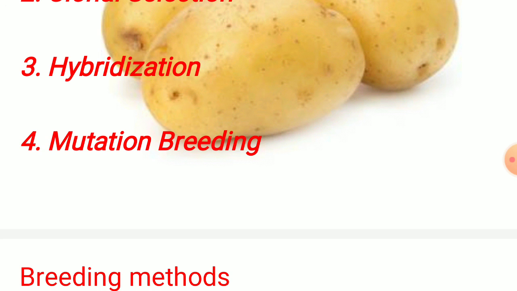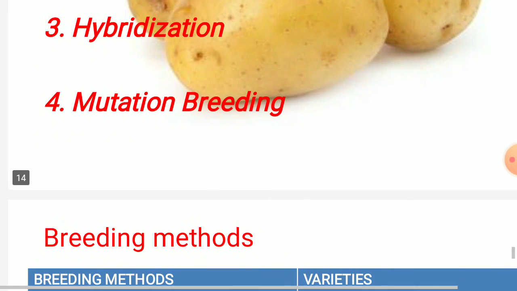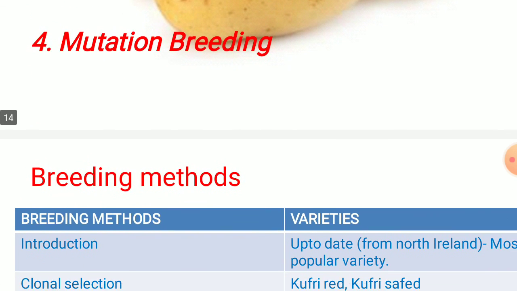So what is mutagenic agent? There are two types, physical mutagenic agent and chemical mutagenic agent. Physical, all radiation, for example gamma rays, X rays, beta rays, etc. Then chemical mutagenic agents, EMS, ethyl methane sulfonate, MMS, methyl methane sulfonate, colchicine, etc. Following potato varieties are released by different breeding methods.